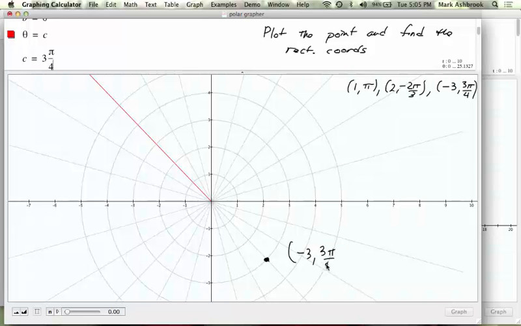So even though they write R first in the ordered pair, you do theta first. You get the angle first, and then you go out from the pole. Because negative 3 makes no sense until you have a direction. So go with the theta first. Does that make sense? That's negative 3, 3 pi over 4.